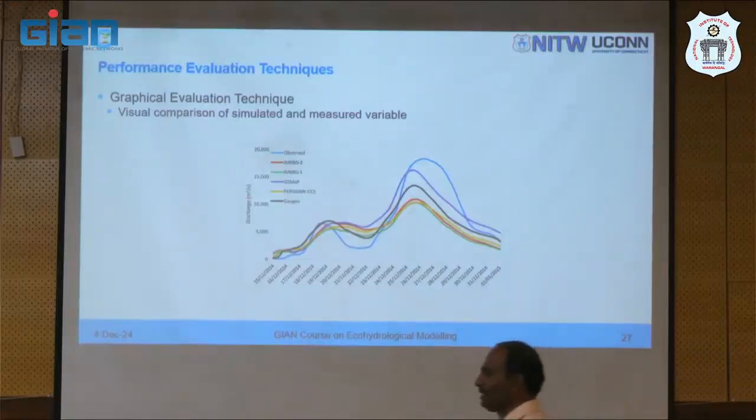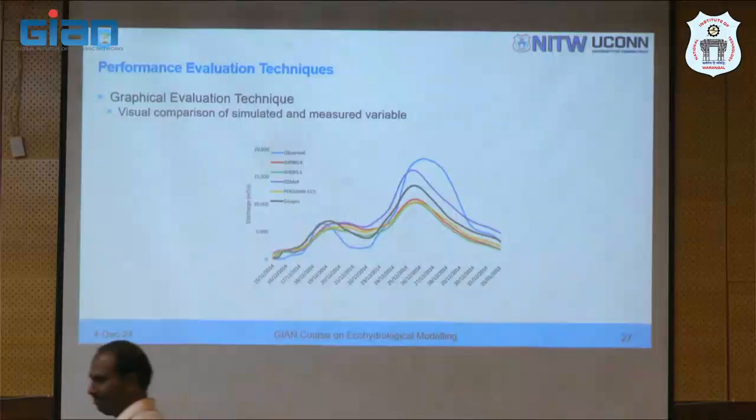So with graphical representation, this is the issue. It is subjective. Some people felt purple is better because it is matching closely here. Some people felt black is better because it represents this part more accurately, right?